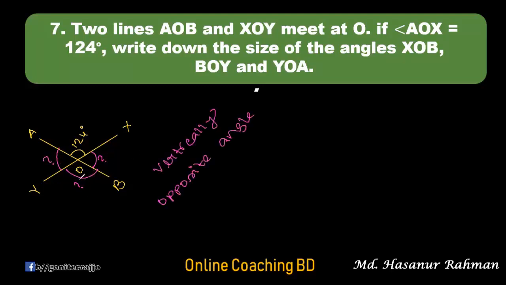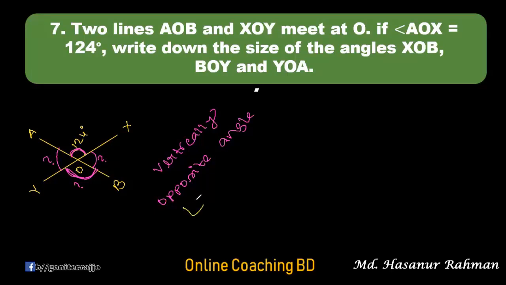So we can say this BOY is vertically opposite to AOX, and from the theorem we can say these two angles are equal. That means vertically opposite angles are equal.